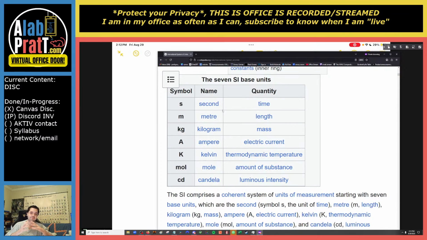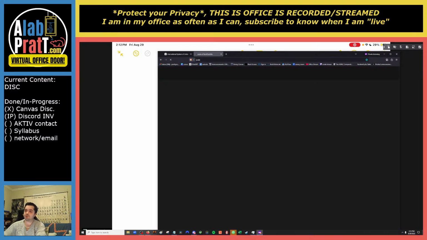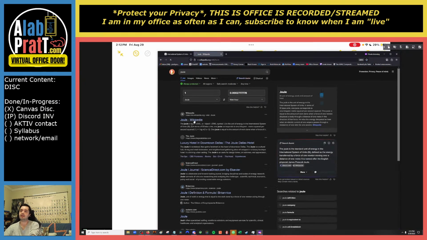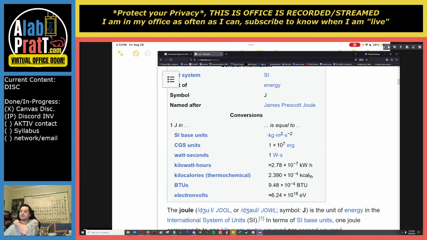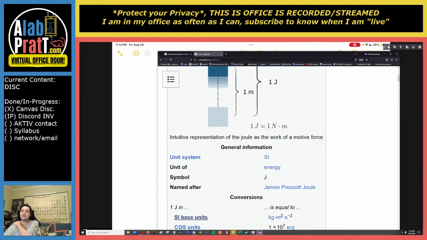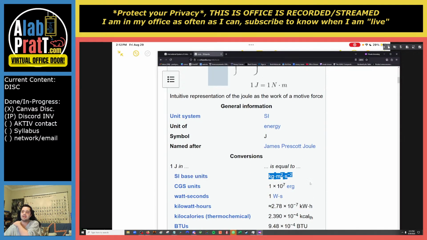But again, everything you're going to see in this class, even when things get very complicated and we talk about joules, for example. Let's look up joules for a second, because that's a very important part of chemistry. If I look up the joule, what I'm going to find is that the joule, at its very basic understanding, can always be brought back to base units.